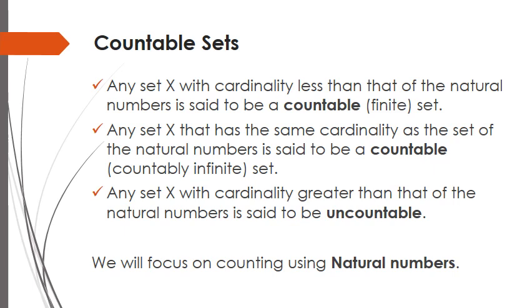Any set X that has the same cardinality as the set of the natural numbers is said to be a countable or countably infinite set. Notice that both finite and countably infinite are called countable here. Any set X with cardinality greater than that of the natural numbers is said to be uncountable. Therefore, we will focus on counting using natural numbers.